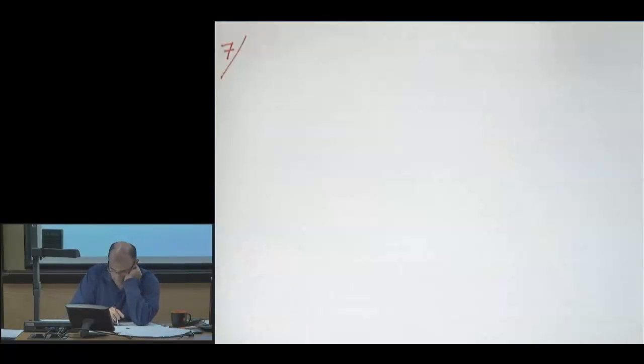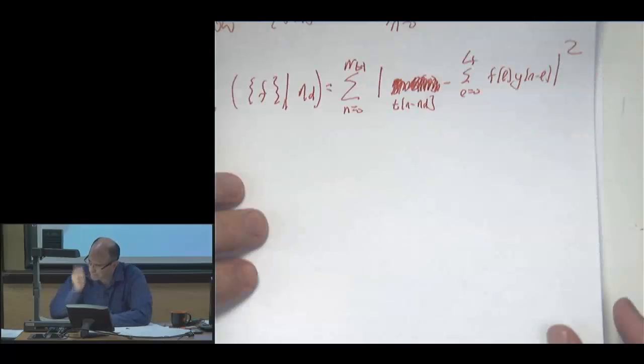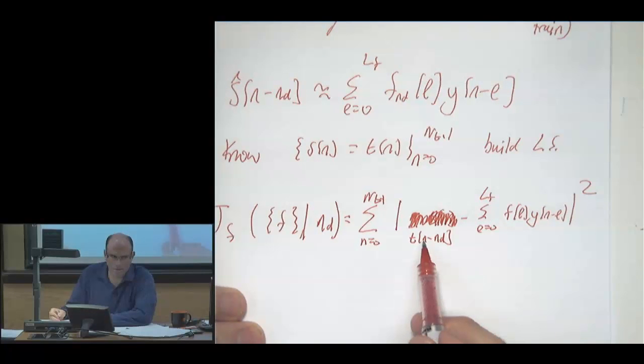What have I done here? Yeah, sorry. What I'm going to do, okay, yeah, this was what was bothering me, because if I put the nd here, there's values of the training that I don't know, which is a problem.